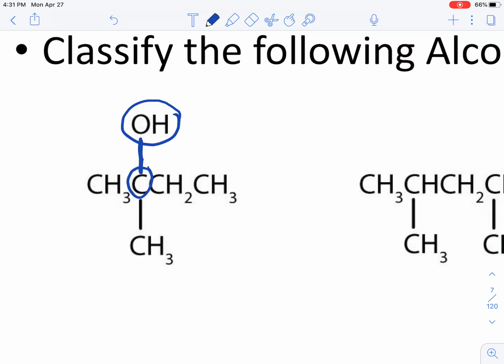This central carbon is covalently bonded to 1, 2, 3 other carbons. And so it would make this carbon tertiary, making this alcohol tertiary as well. And so overall, we would classify this molecule as a tertiary alcohol.